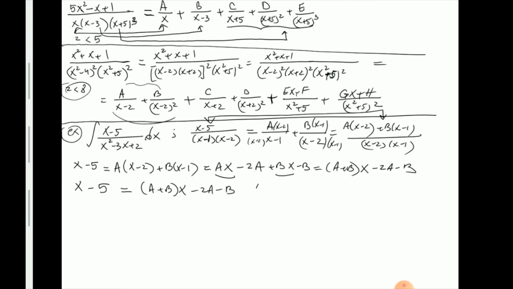So a and b, let's write it as a remark here, are found from a system that comes from identifying the coefficients.